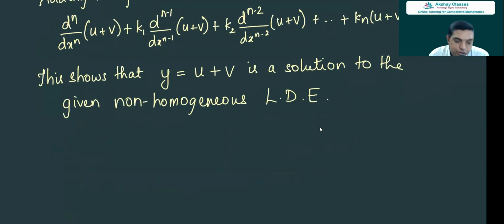So the solution to a non-homogeneous linear differential equation has two components: one is the homogeneous solution, plus the particular integral.